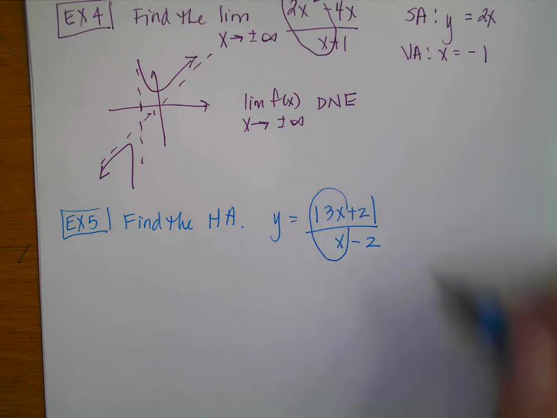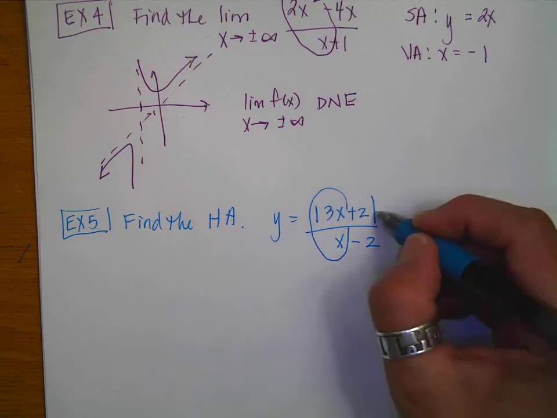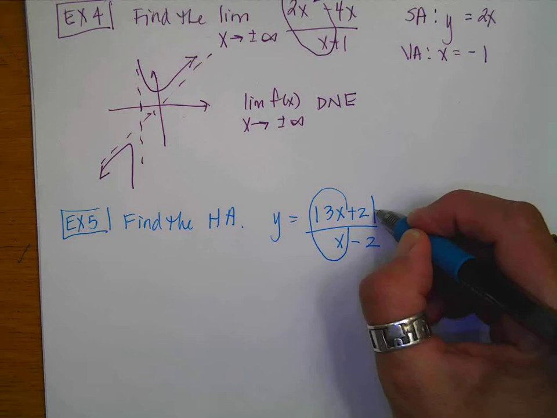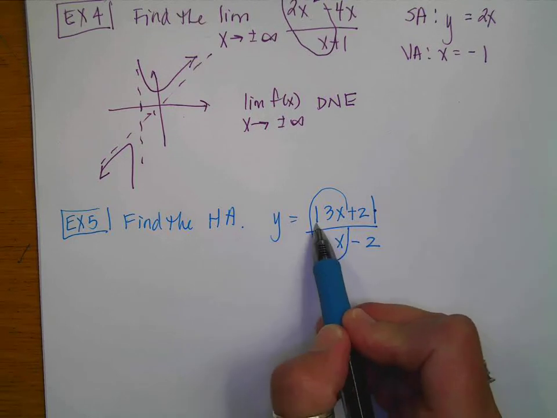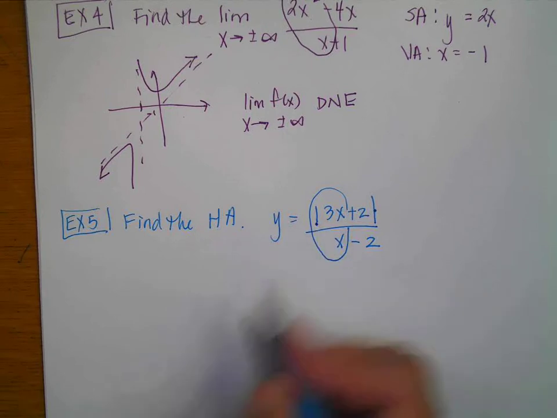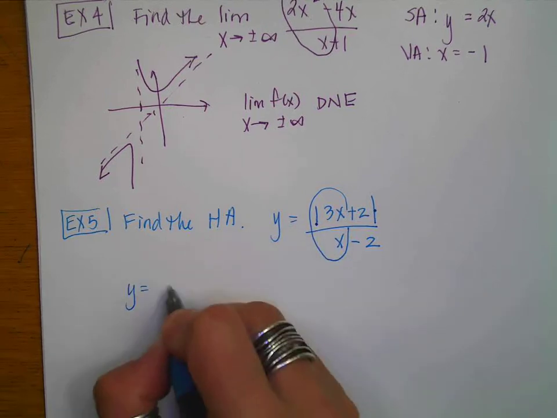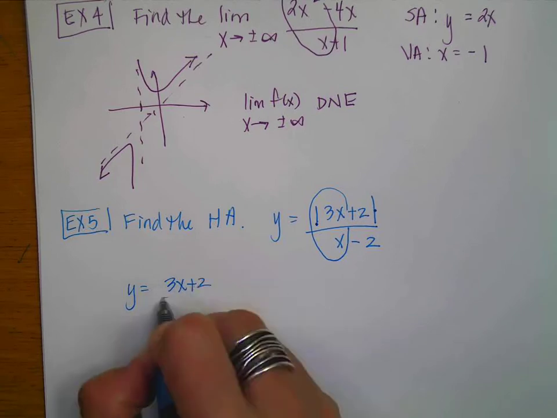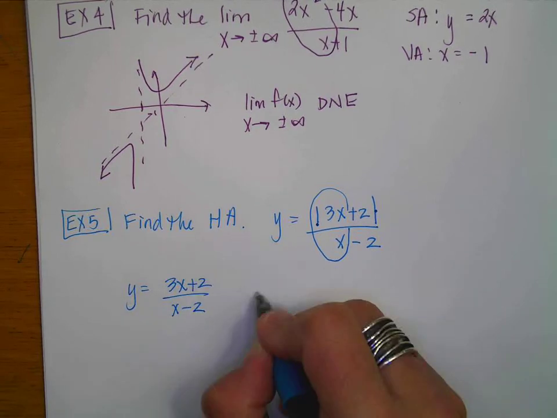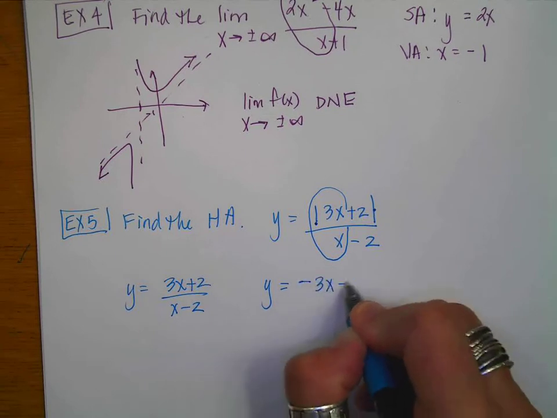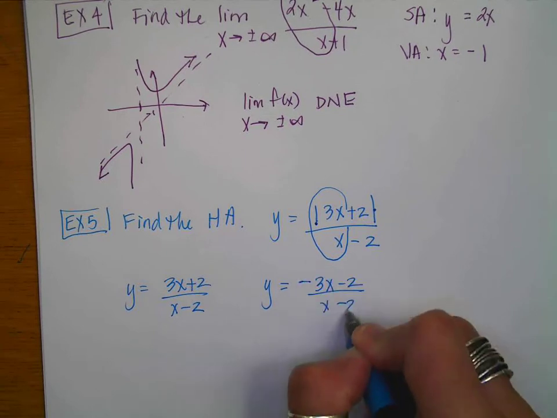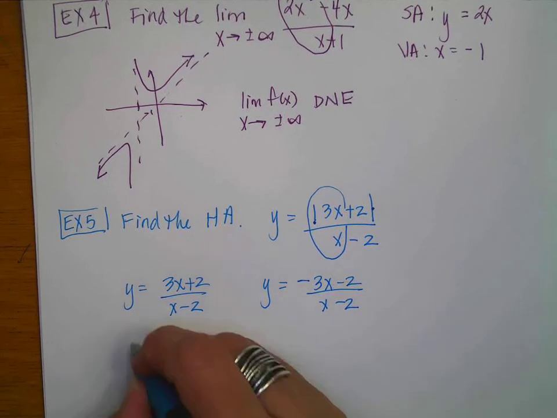Notice that the degree is the same, top and bottom, but the absolute value bars create a unique situation. Remember, when I have absolute value bars, that means I can rewrite one equation and split it into two. So y is going to equal 3x plus 2 over x minus 2, but y is also going to equal negative 3x minus 2 over x minus 2.